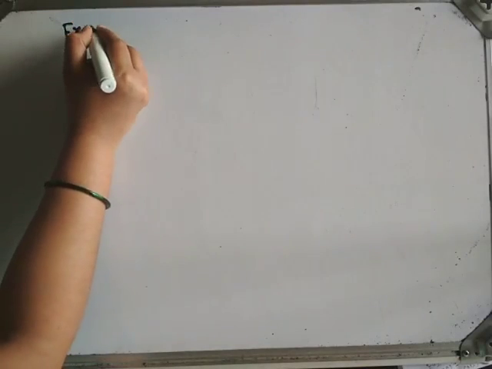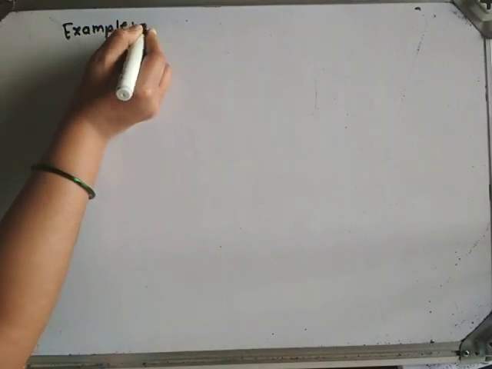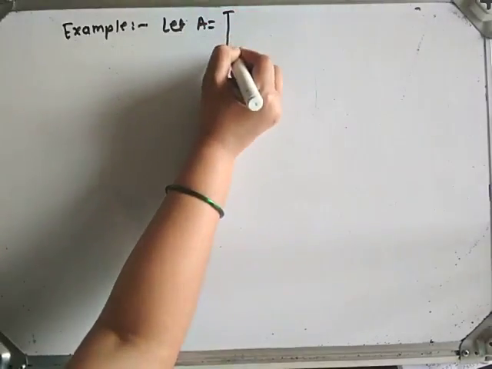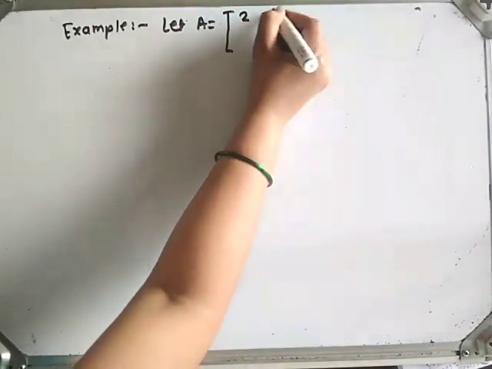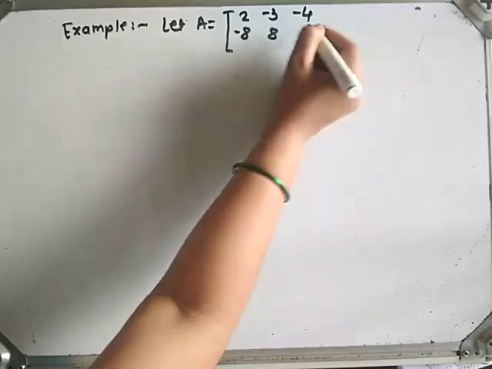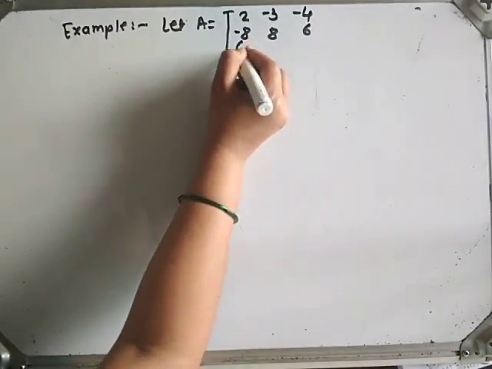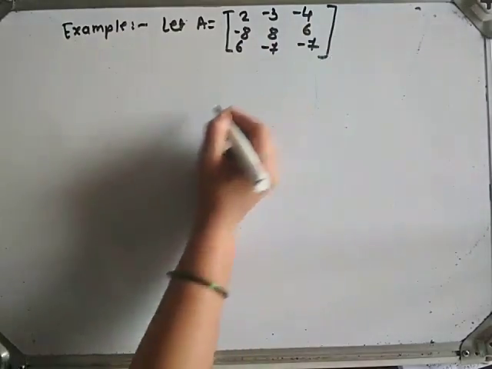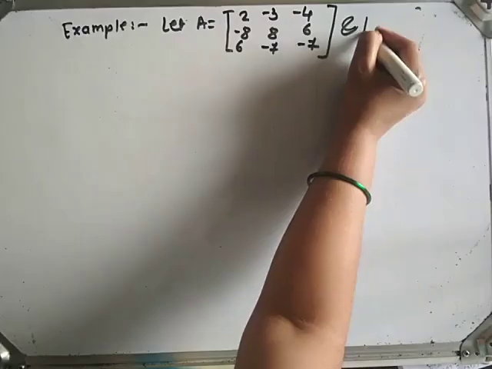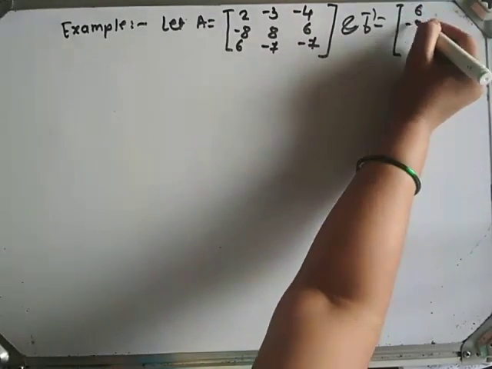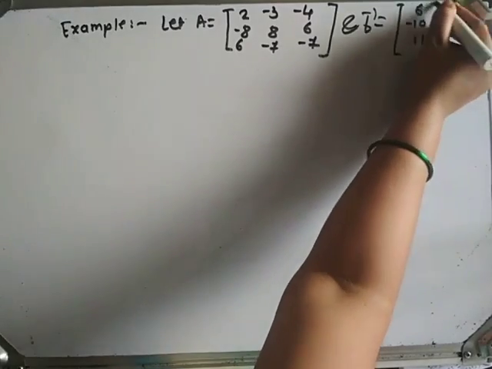Let us see one example on column space. Example, let A be the matrix 2 minus 3 minus 4, minus 8 8 6, 6 minus 7 minus 7 and b bar is the matrix 6 minus 10 11.